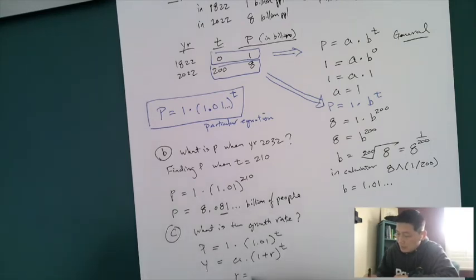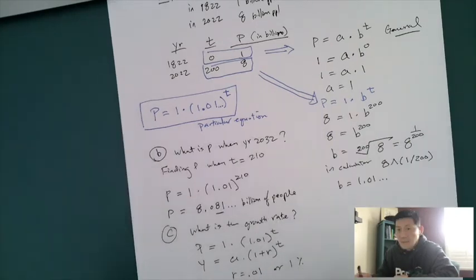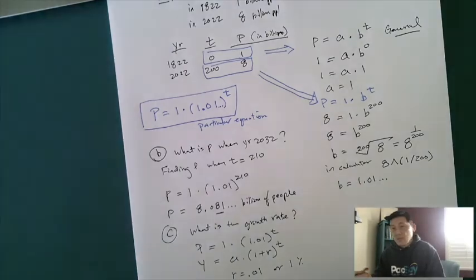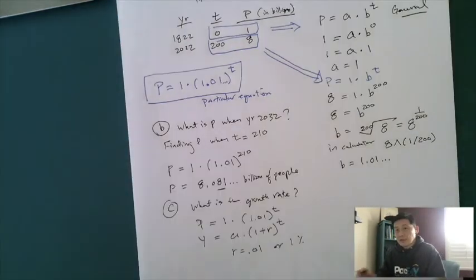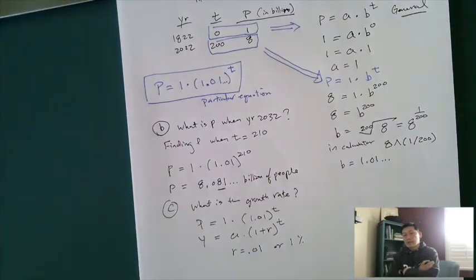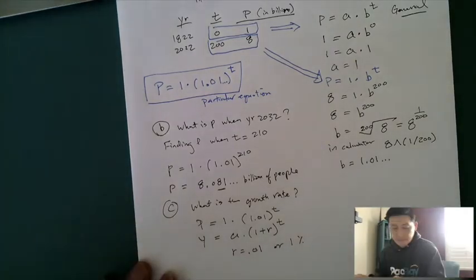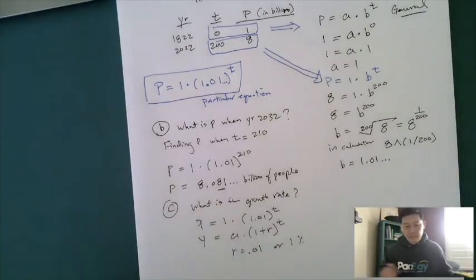Then r must be 0.01 or 1%. So that means the human population of the world is growing roughly around 1%. If you Google the growth rate of world population, I think the last time I checked it was roughly around 1 point something percent. So it's very close. So this is actually pretty accurate. Okay. All right.